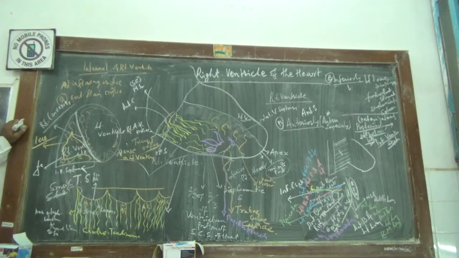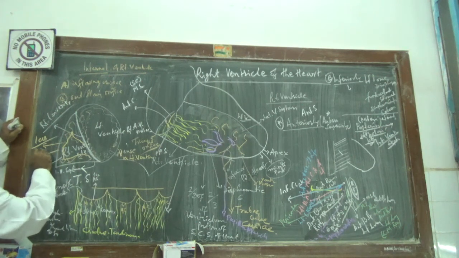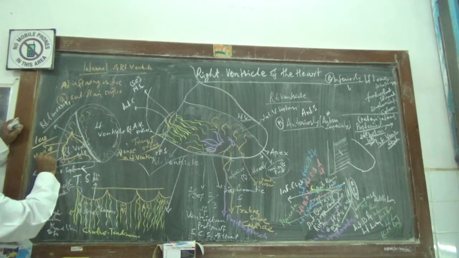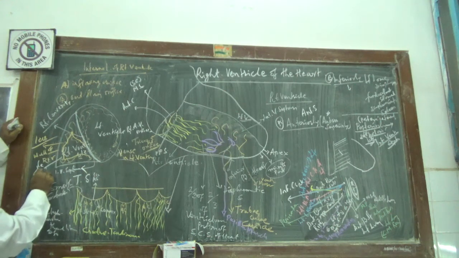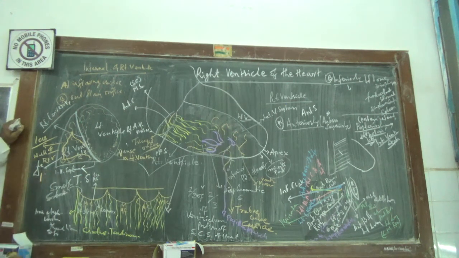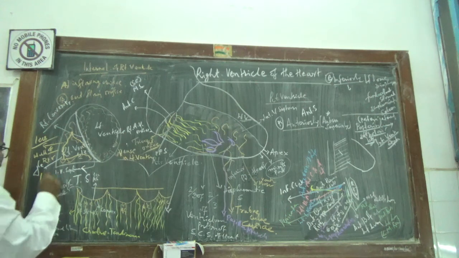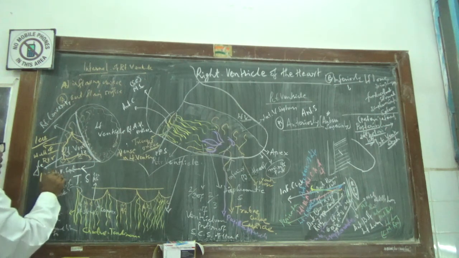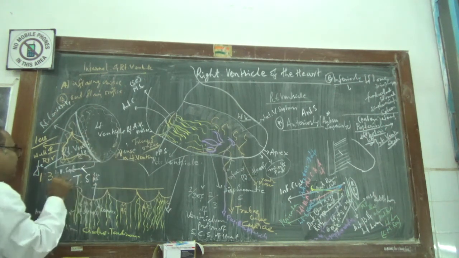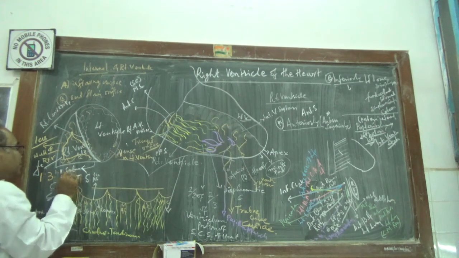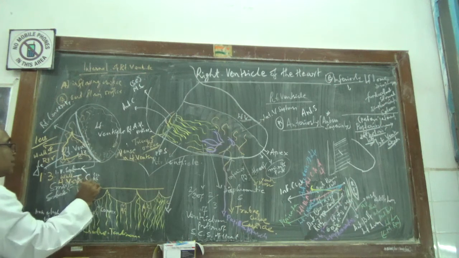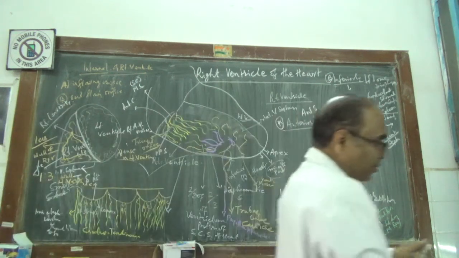So thereby the wall of the right ventricle is 1 time thick compared to 3 times thickening of the wall of the left ventricle. So this is the thing.